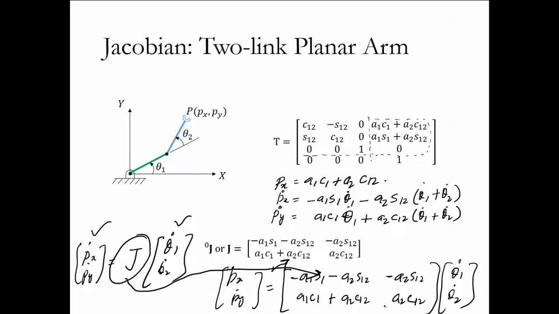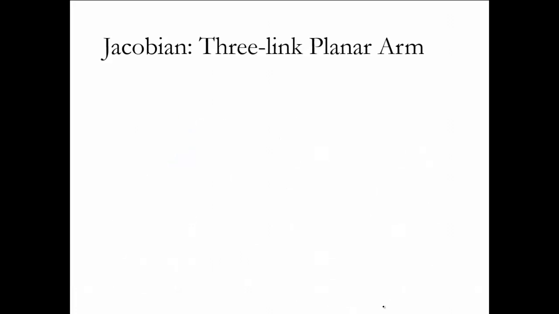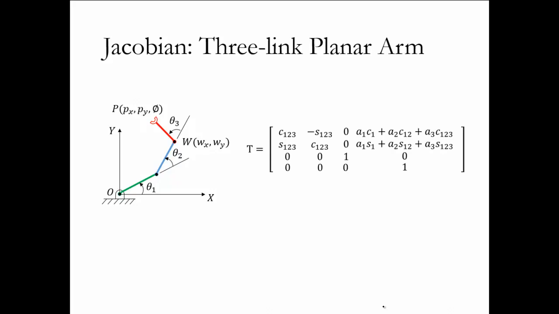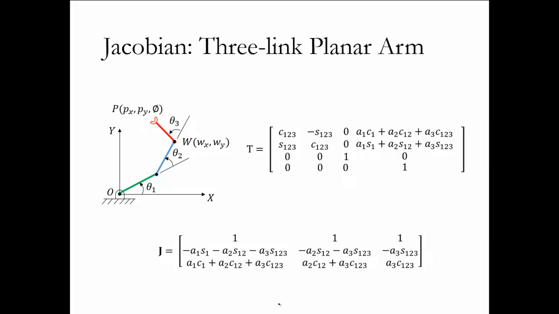Similarly, we have this for the 3-link planar arm, so we can easily find its transformation matrix. But in this case, it's not 2-link, it's 3-link. So it can actually have 2 linear velocities and 1 rotational velocity. Because of that, it will have 3 components and the Jacobian will be 3 by 3.